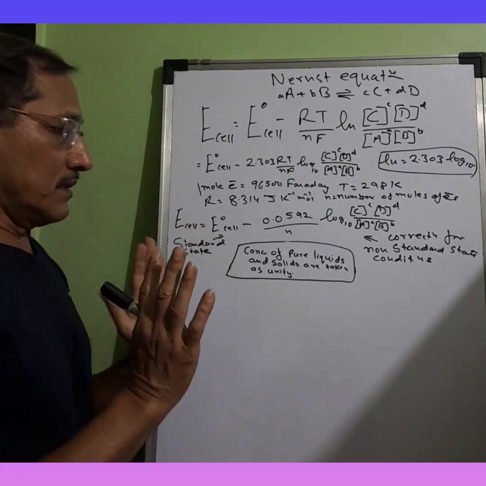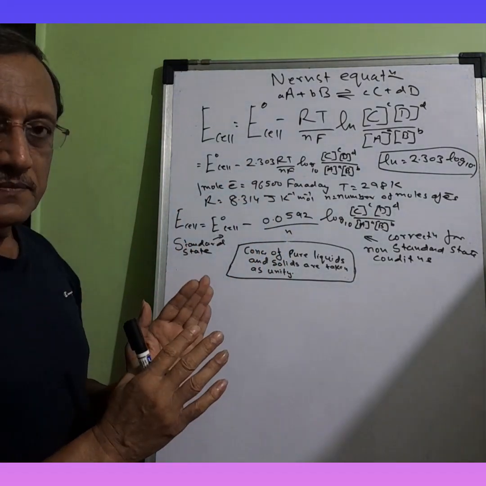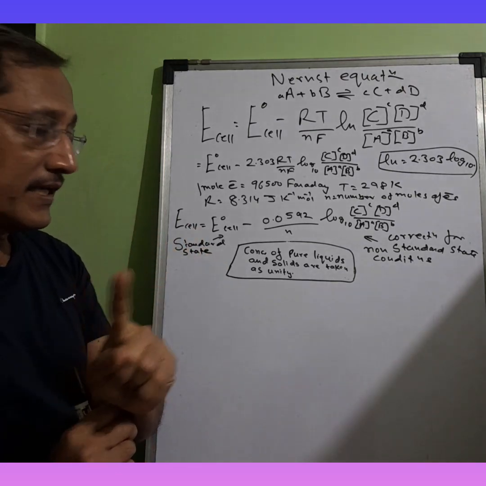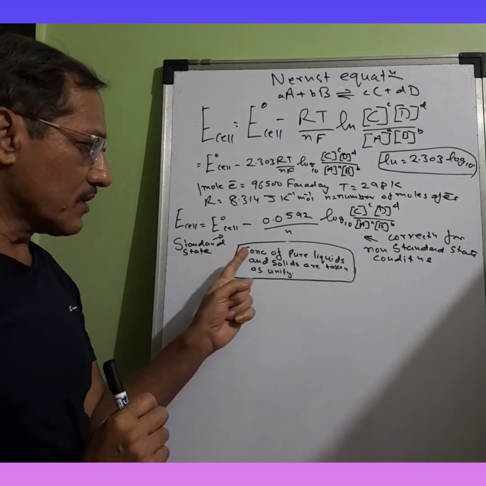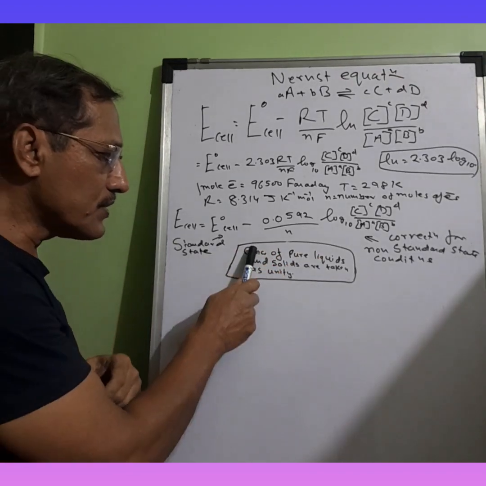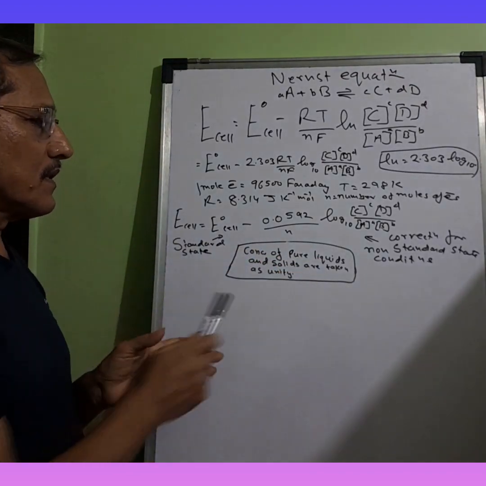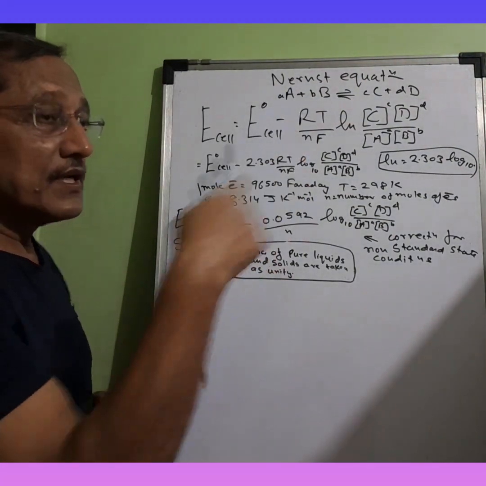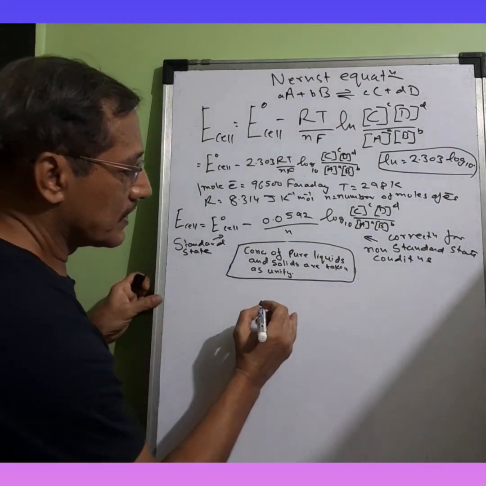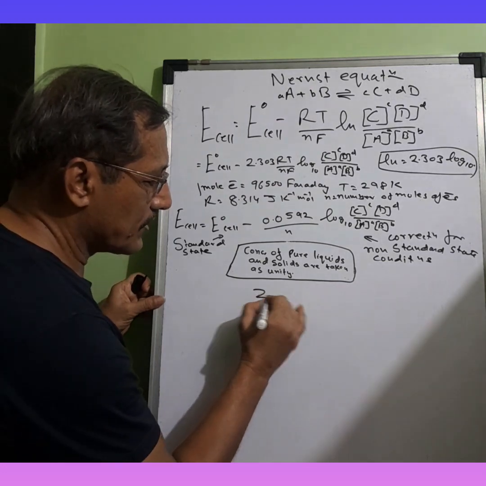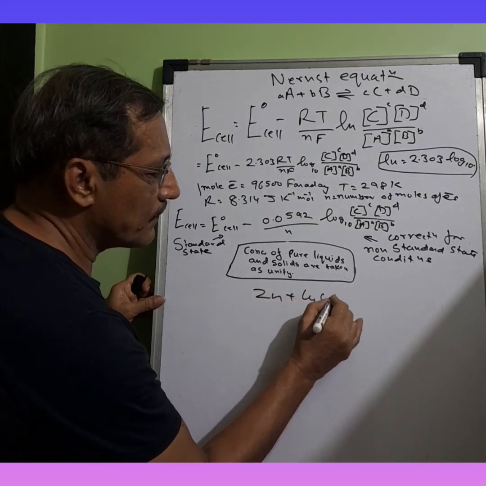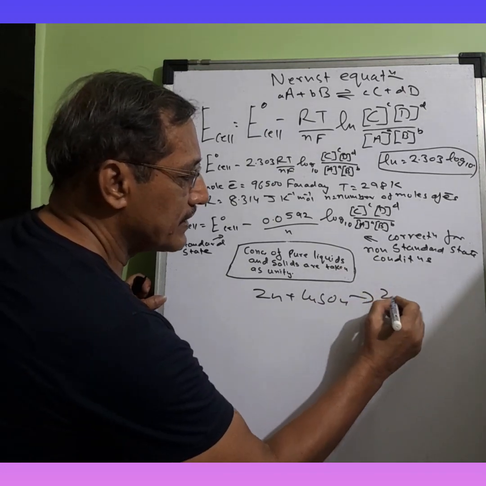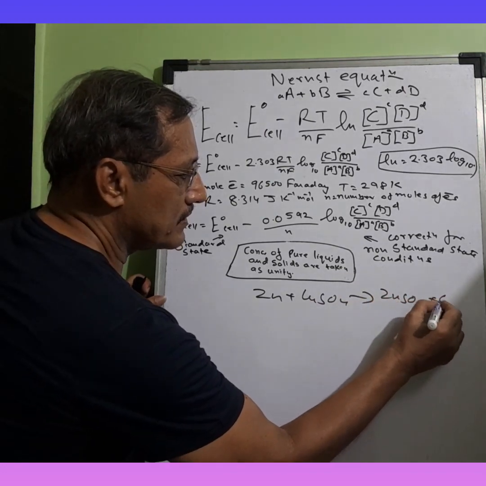Before we get into the numerical, we have got to keep one thing in mind. There is a law: the concentrations of pure liquids and solids are taken as unity. Suppose in the reaction that we did, we took zinc plus copper sulfate, giving you zinc sulfate and Cu.